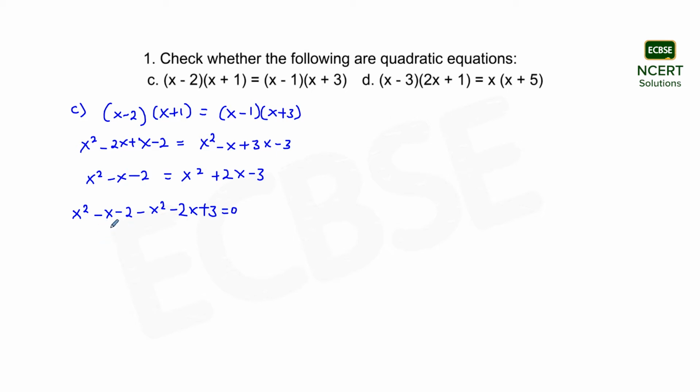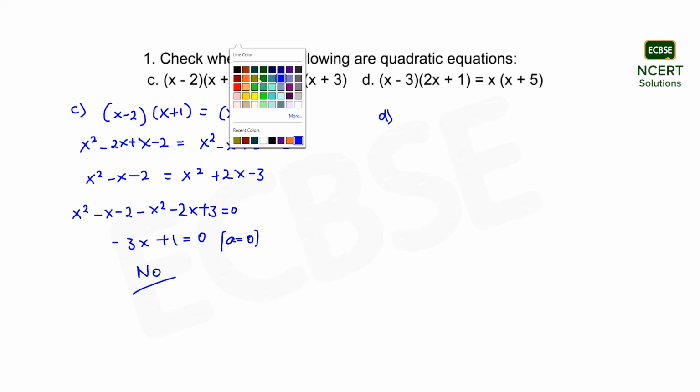Simplifying them, I'll get -3x + 1 = 0, which means that the value of the coefficient a, compared with the standard equation, is 0. There is no x² term here. So definitely I conclude that no, this equation is not a quadratic equation.